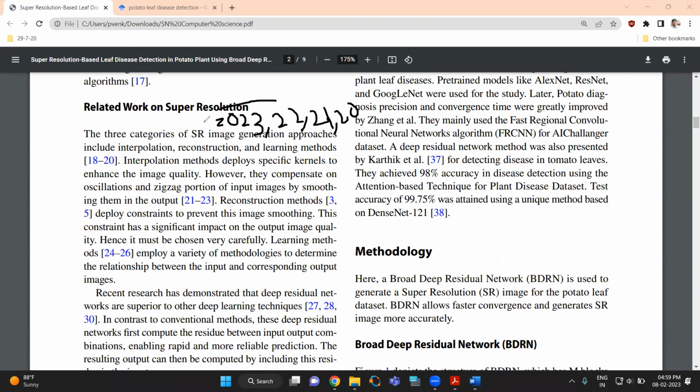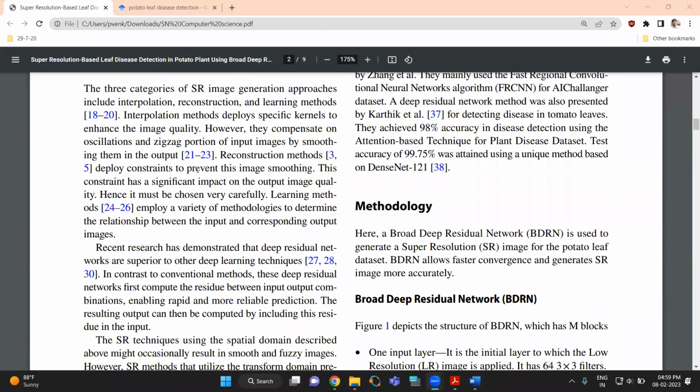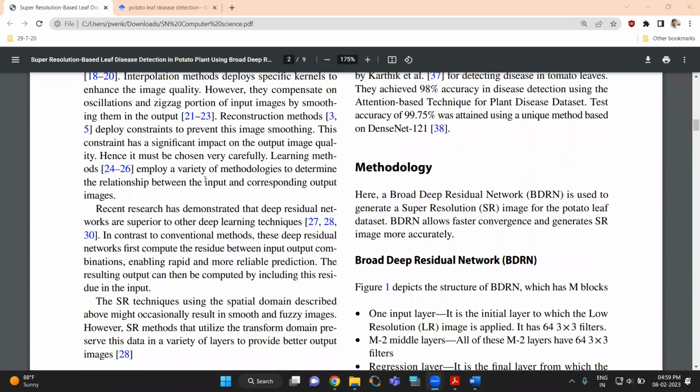The reviewers expect the literature about these papers. But we have to start from the starting paper of super resolution, 2014. There is no problem. You can mention that super resolution techniques started from 2014, and then what are the recent techniques being implemented.